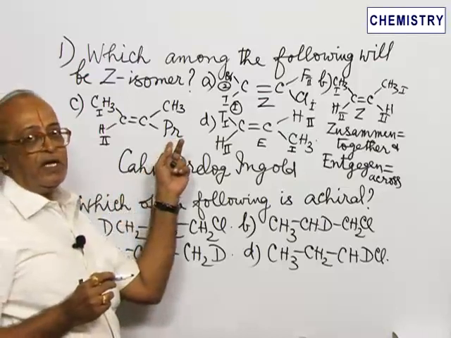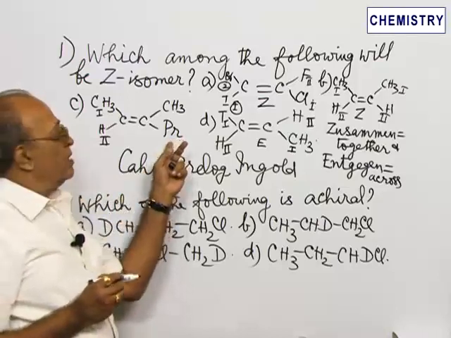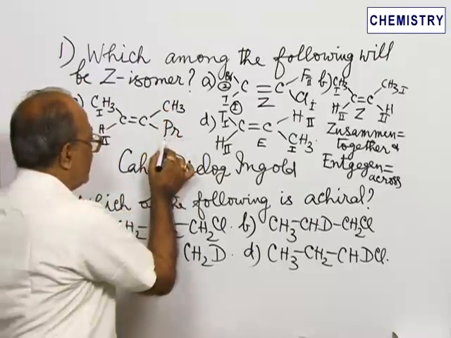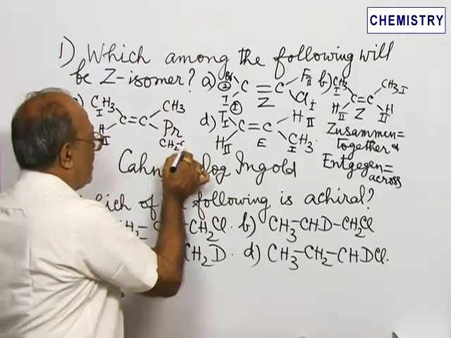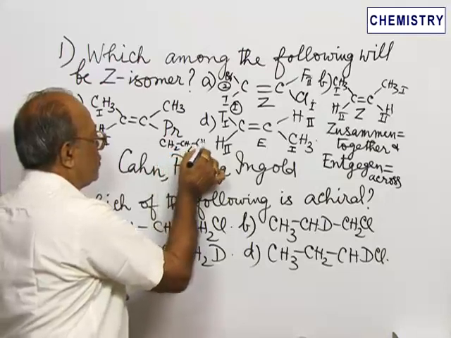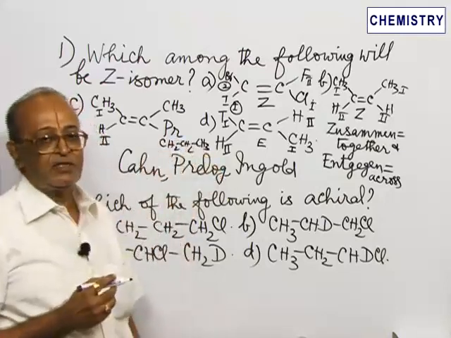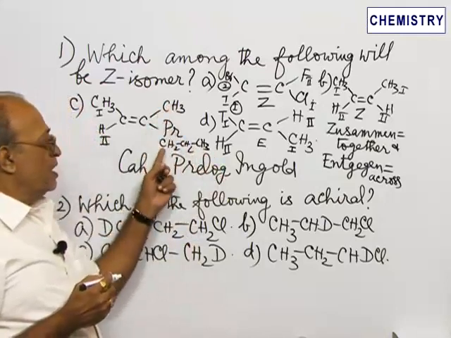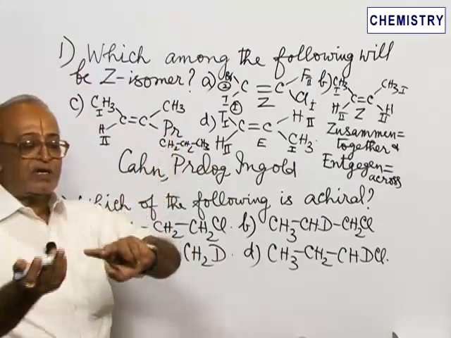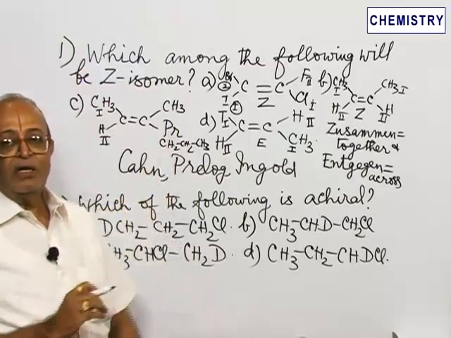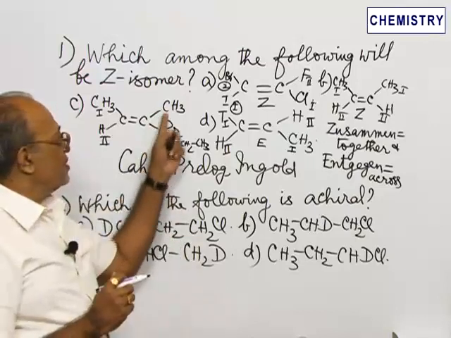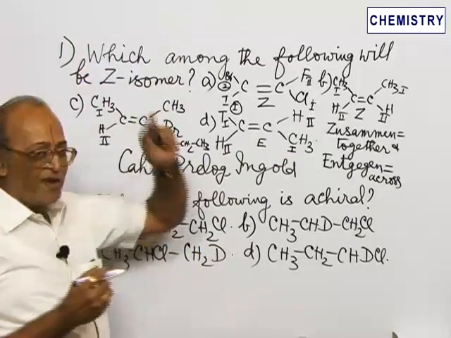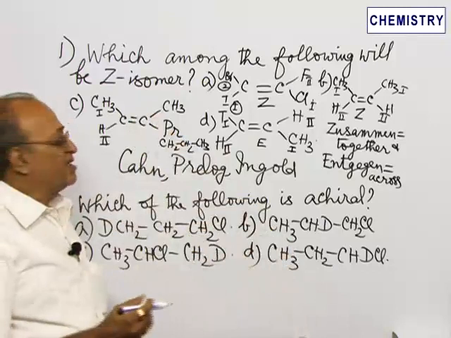This is a propyl group. Now, here also see in propyl group, that is CH2, CH2, CH3. Now consider these two substituents. Here also carbon, here also carbon. So you cannot decide the priority on the atomic number since both of them will have the same atomic number. So go in for the next set of atoms.